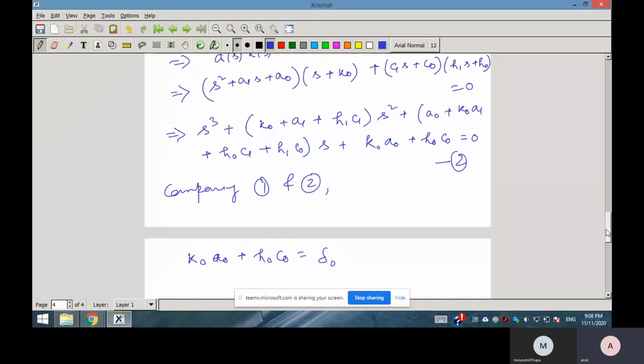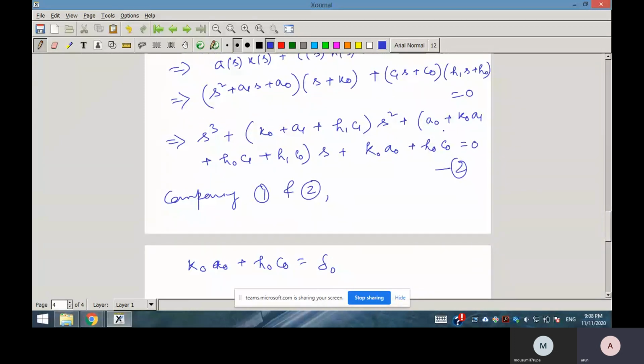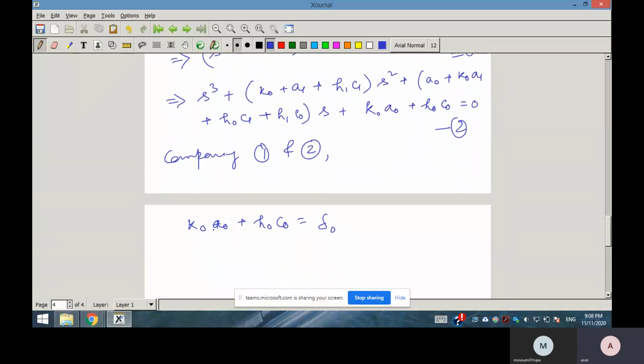Similarly, a naught plus k naught a1 plus h naught c1 plus h1 c naught should be equal to delta 1. And again, k naught plus a1 plus h1 c1 should be equal to delta 2.